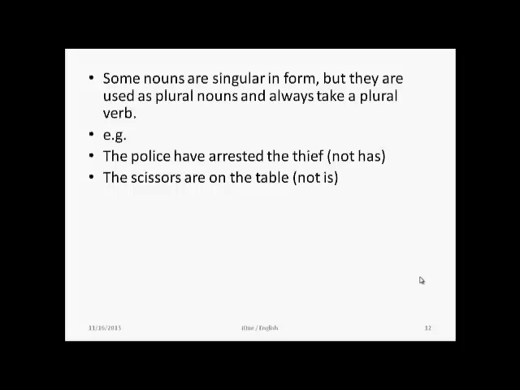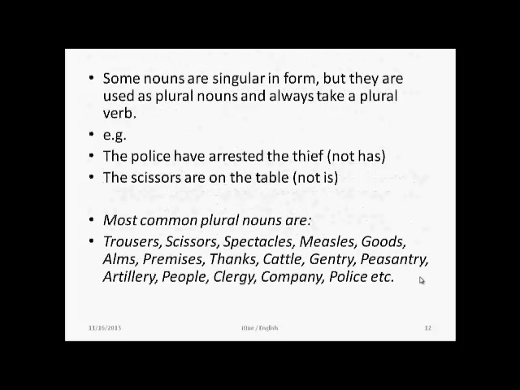Although it is a single item, scissors or pair of scissors is always taken as a plural noun. Some common plural nouns include words such as trousers, scissors, spectacles, measles, goods, arms, premises, tanks, cattle, gentry, peasantry, artillery, people, clergy, company, police, etc.